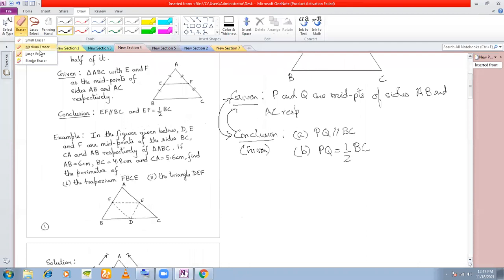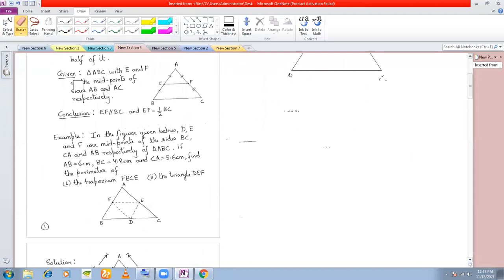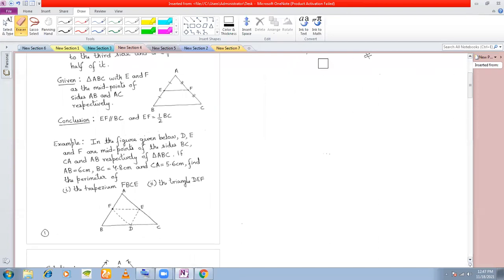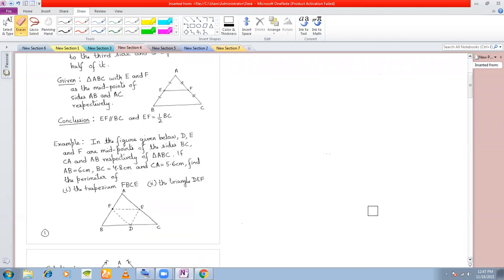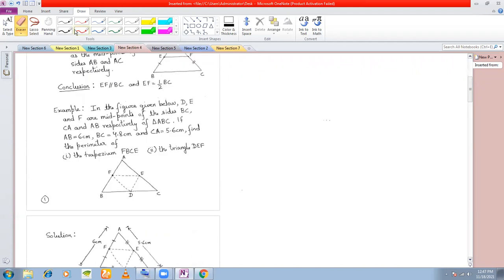So let's see this example. Very important example also. Very basic application of the theorem. See, this is the figure that is given to you.